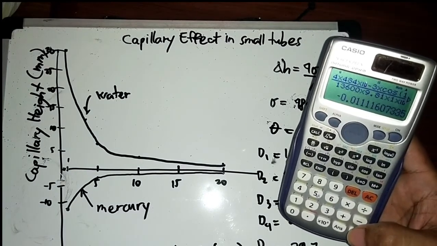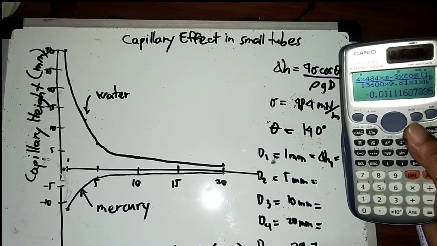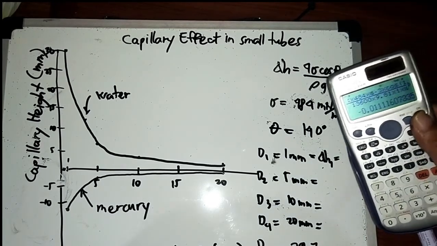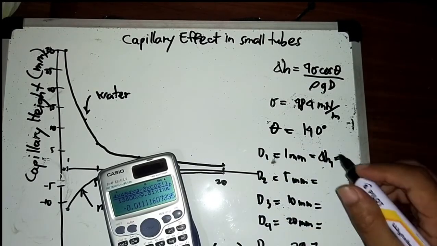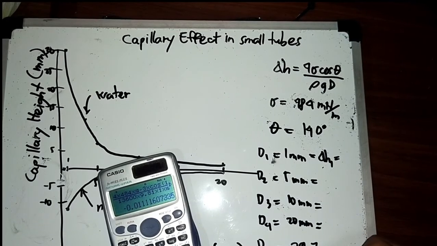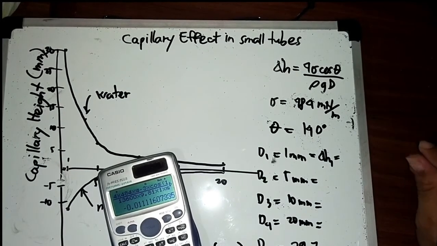So the value will be 11.1 mm. So that is the minimum diameter for mercury so that the height will be less than 1 mm.